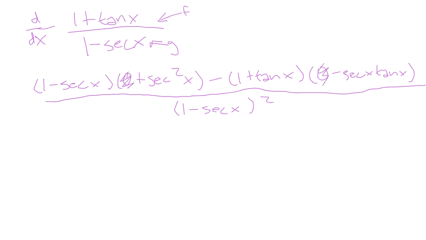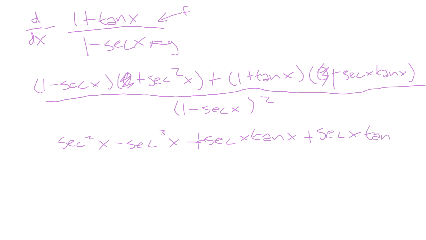That leaves us with secant squared of x minus secant cubed of x minus secant x tangent of x, plus actually, plus for both of these, since we're distributing that negative, plus secant x tangent squared of x, over 1 minus secant of x squared.